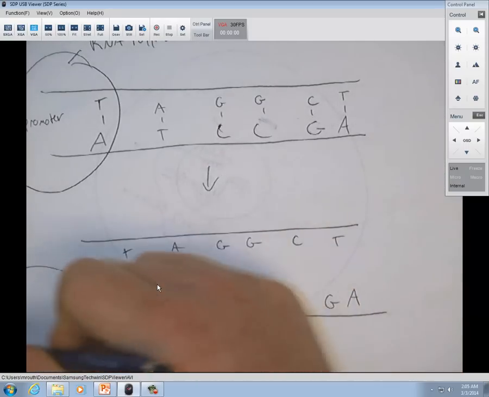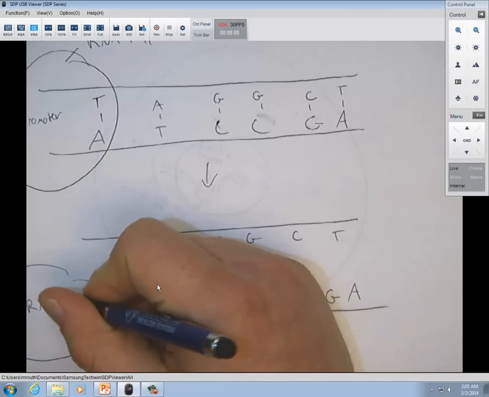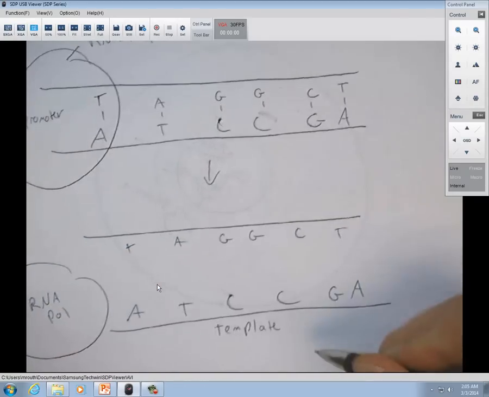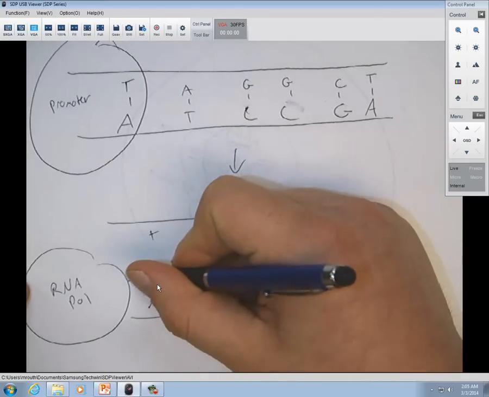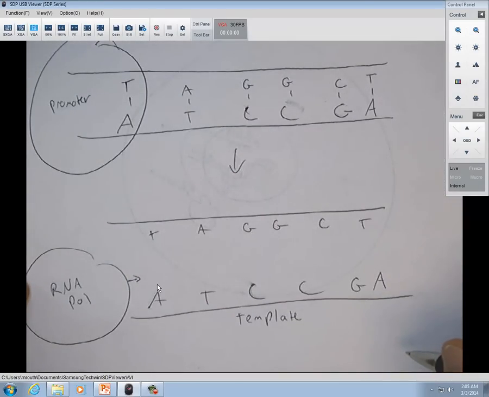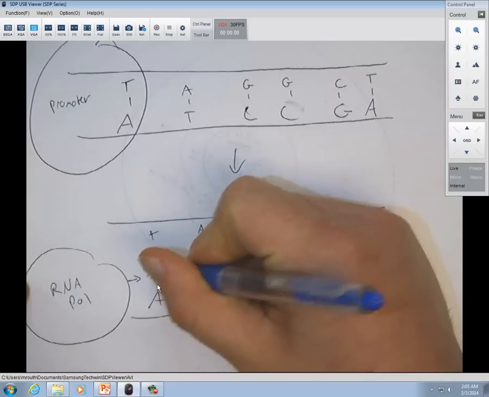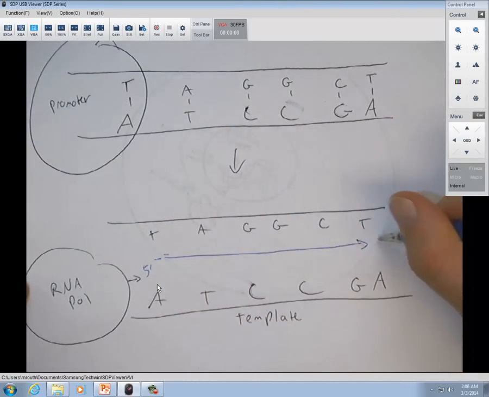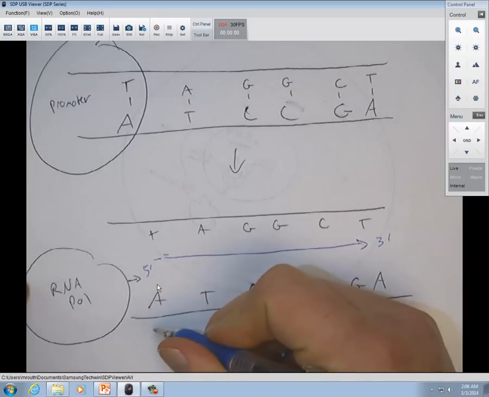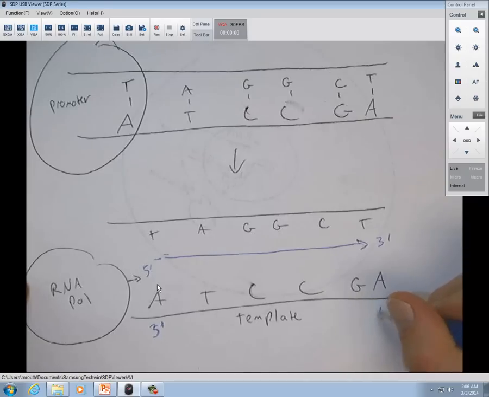We still have the enzyme RNA polymerase attached to the DNA, and it's going to now transcribe the appropriate strand of messenger RNA. That messenger RNA is going to be transcribed in the 5' to 3' direction, meaning this strand of DNA is in the 3' to 5' direction.